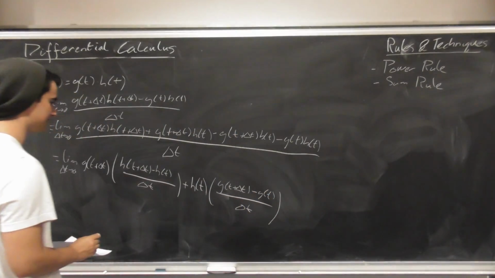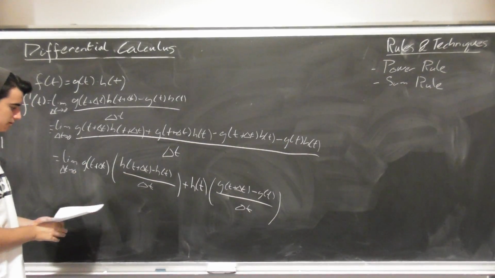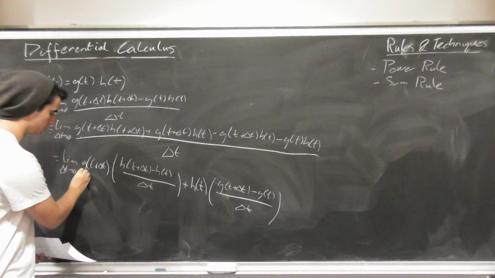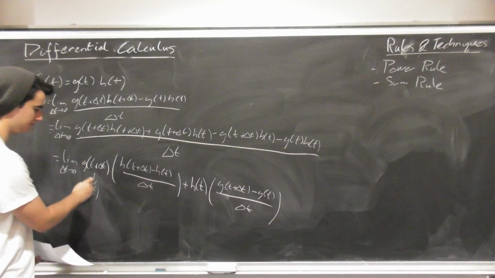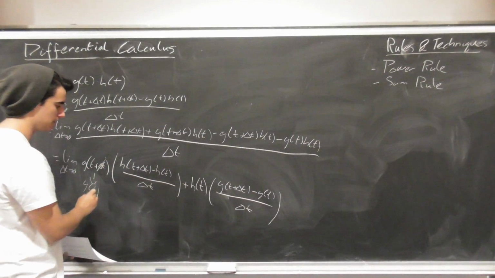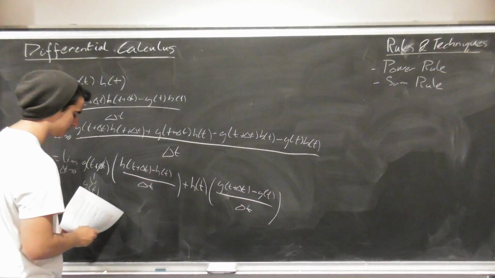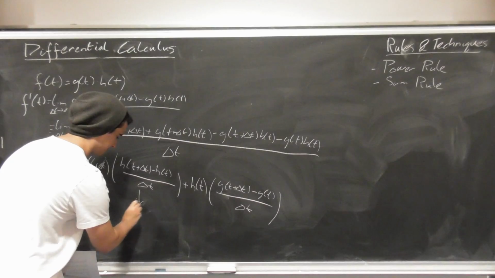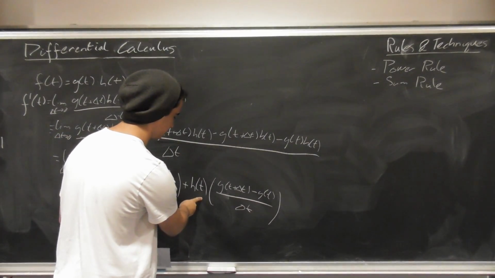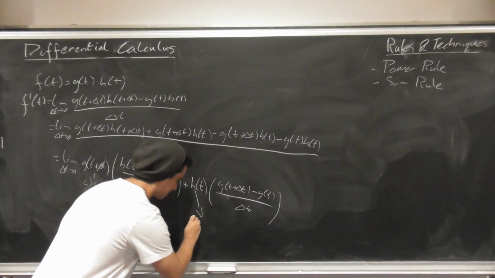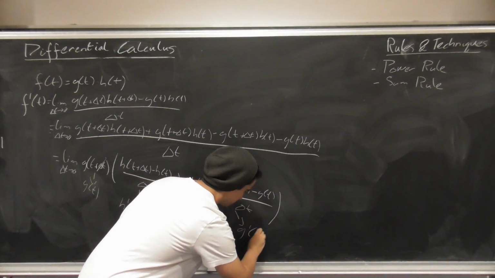And then we'll see when we take this limit, this g of t will go to g of t, because this delta t will go to 0. This term will go to h prime of t. This part here will stay with h of t. And this part here will go to g prime of t.